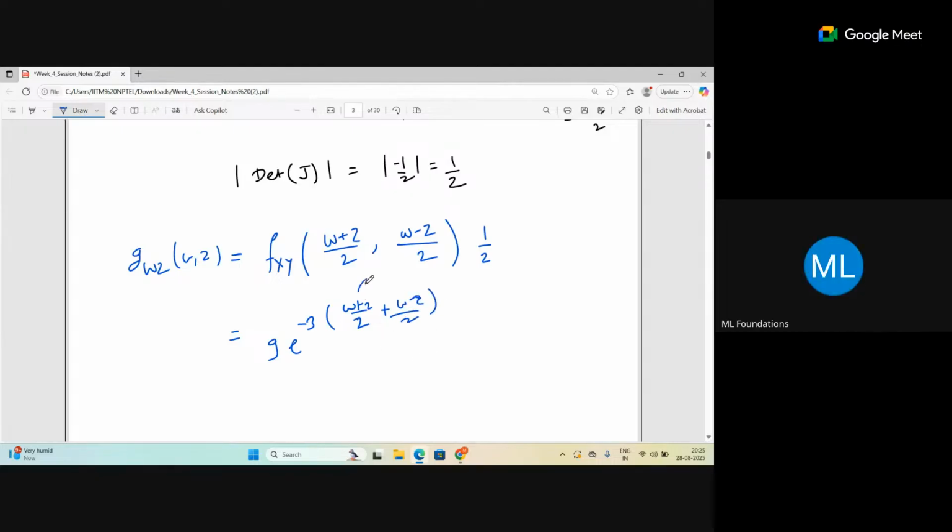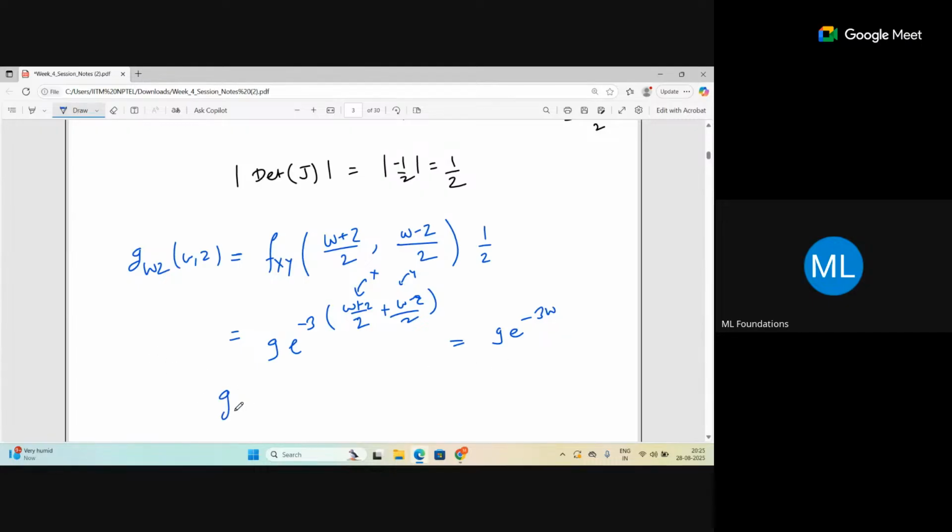This is x, this is y. So what is x plus y? The z will cancel, and it will be 9 e to the power minus 3W.